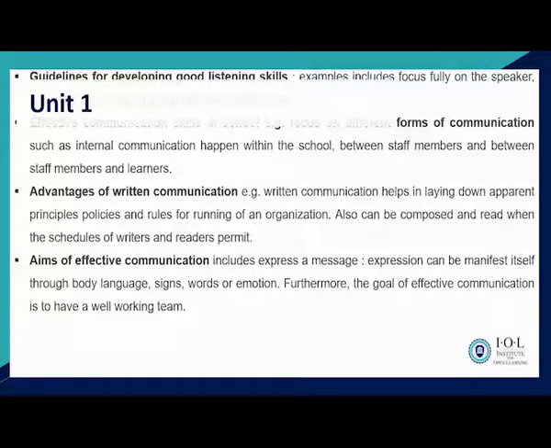We are starting with the business of the day, which is Unit 1. In Unit 1, you must look at guidelines for developing good listening skills. Examples include focusing fully on the speaker, and the effective communication skills in school.